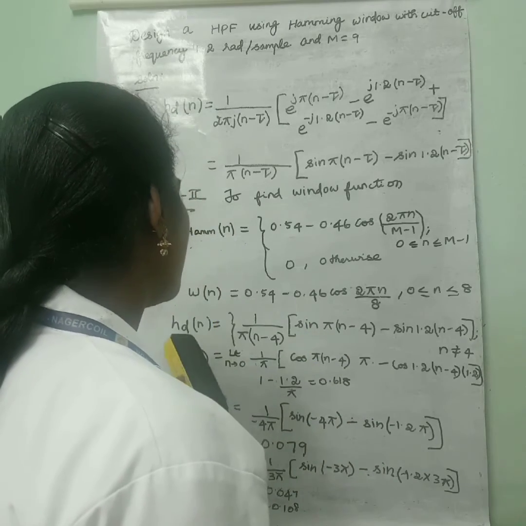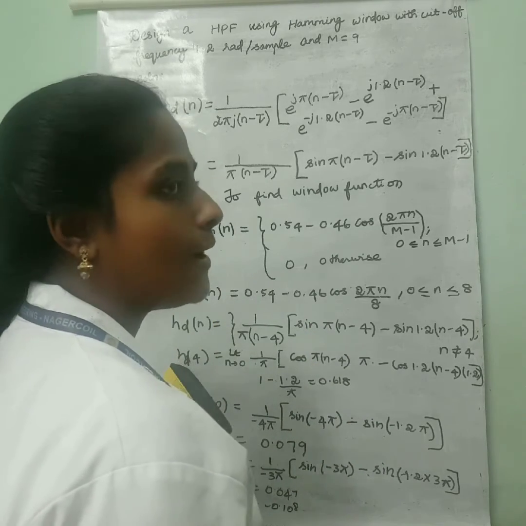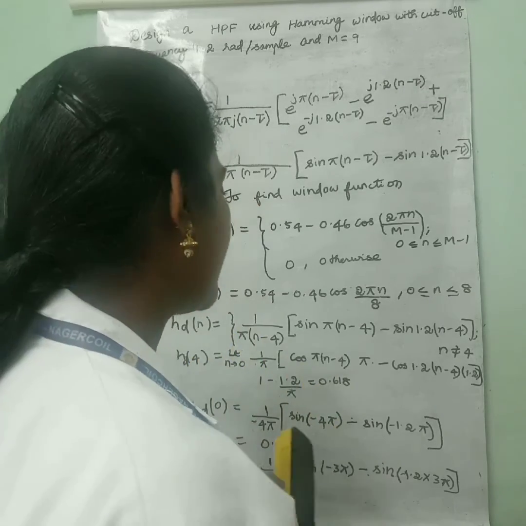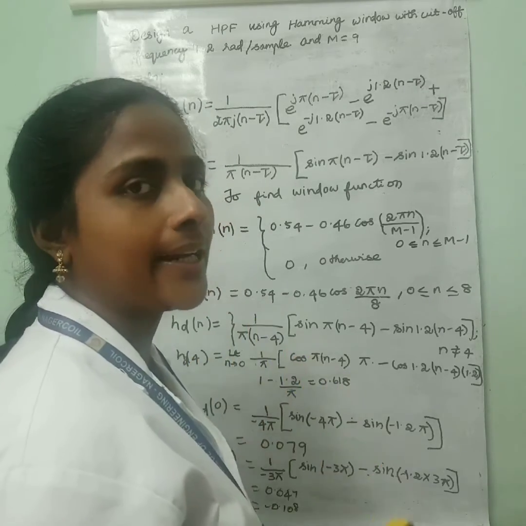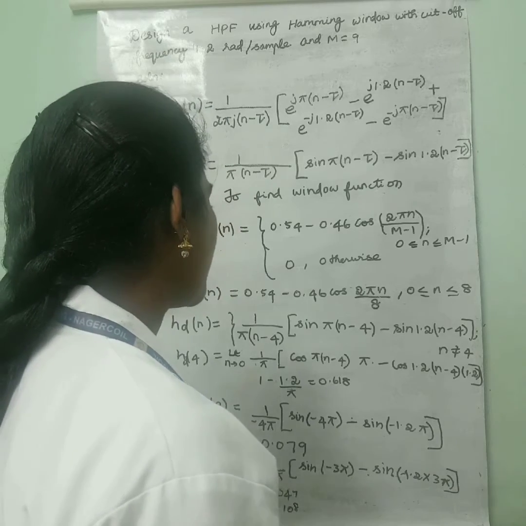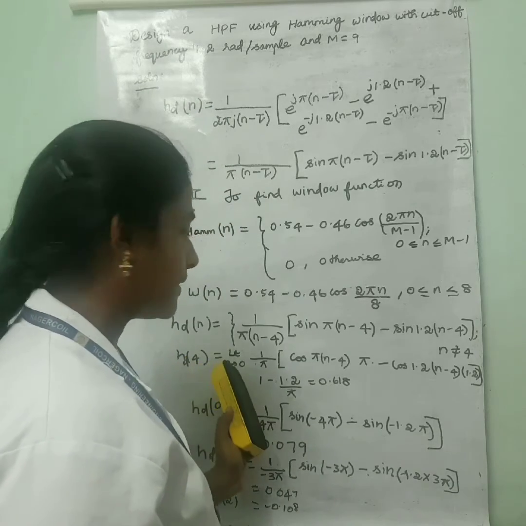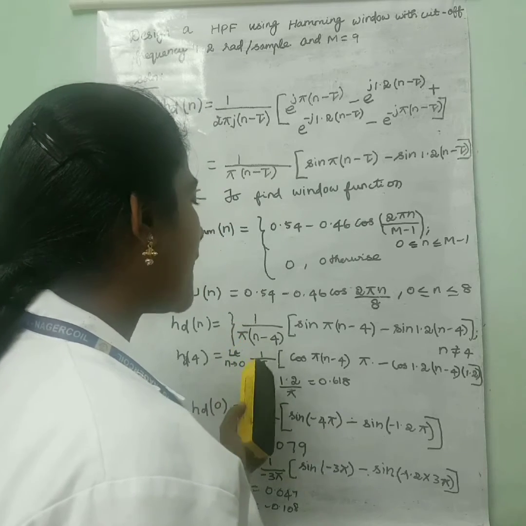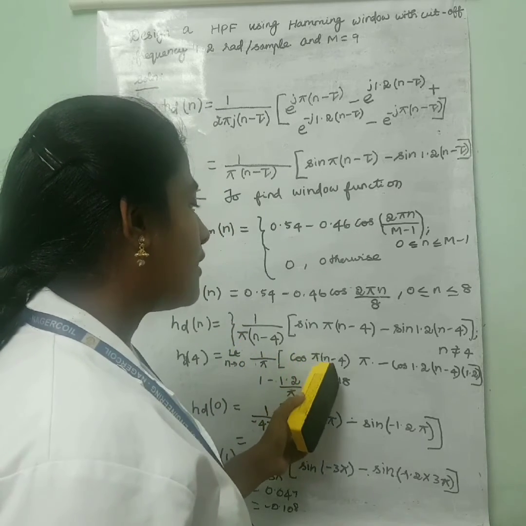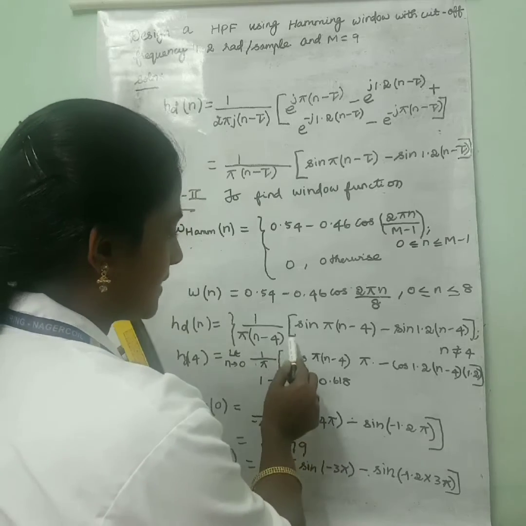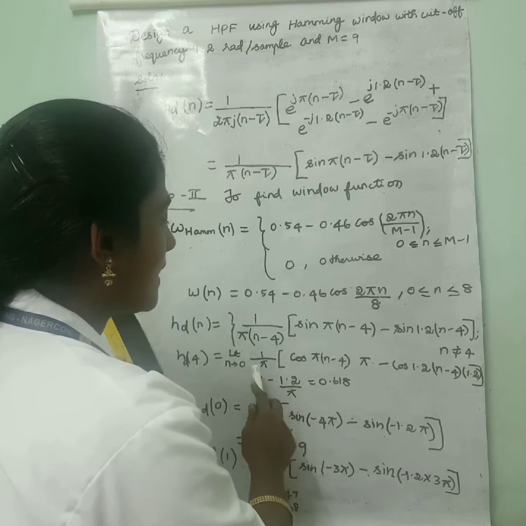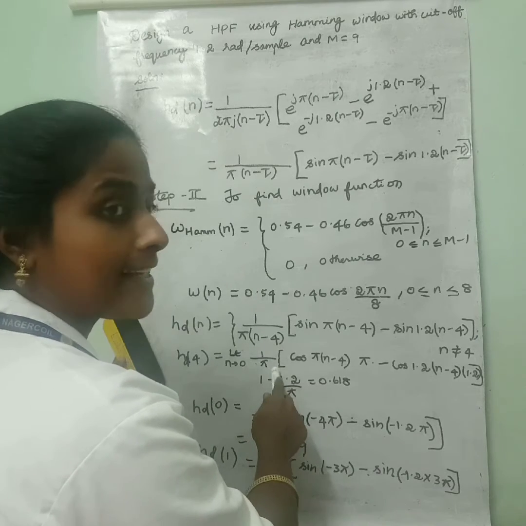So only for n is equal to 4, you use L'Hospital rule, that is, you differentiate the numerator and denominator separately.